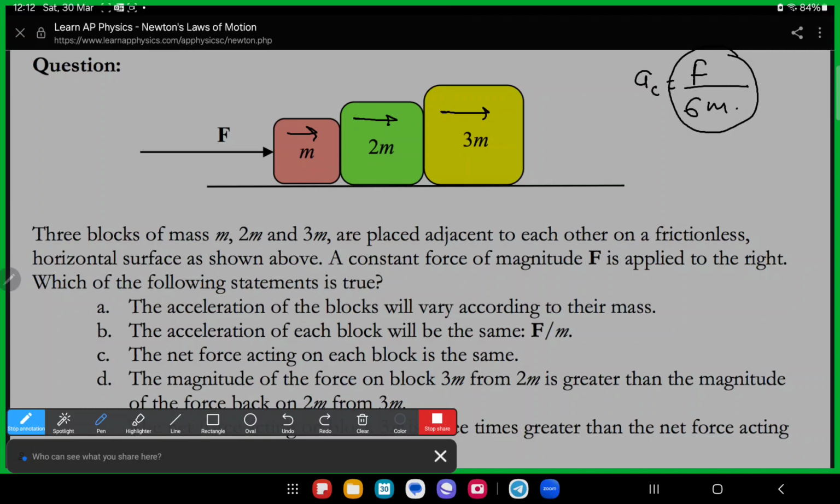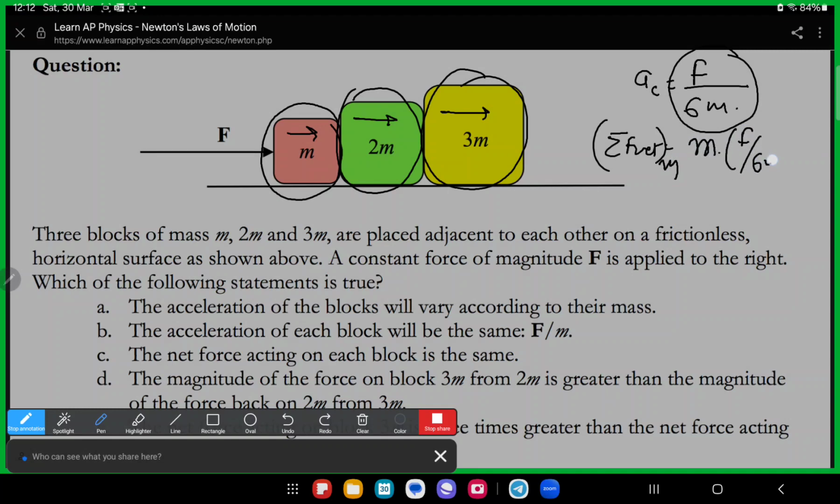So if we are talking about the individual block, what is F net? F net on small m is equal to m into a_c. a_c is F by 6m, and similarly 2m into F by 6m and 3m into F by 6m.